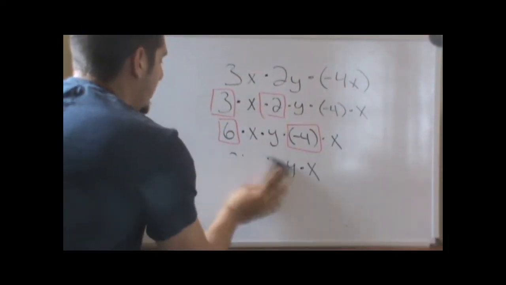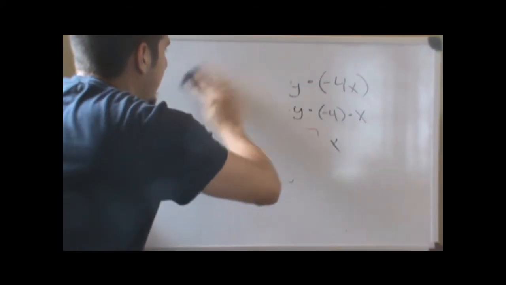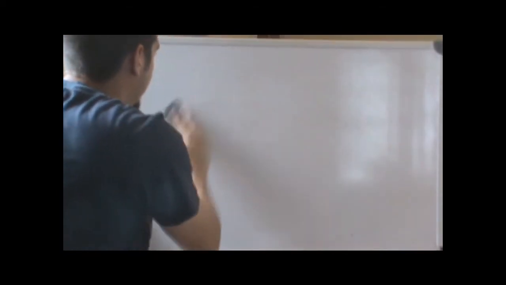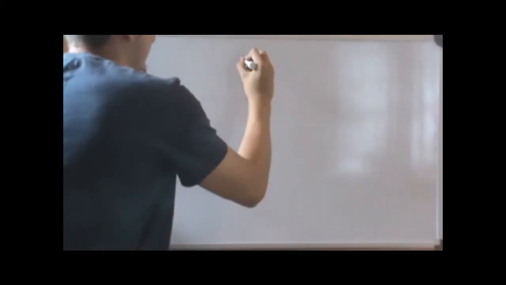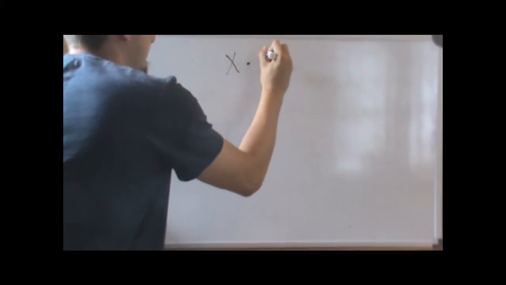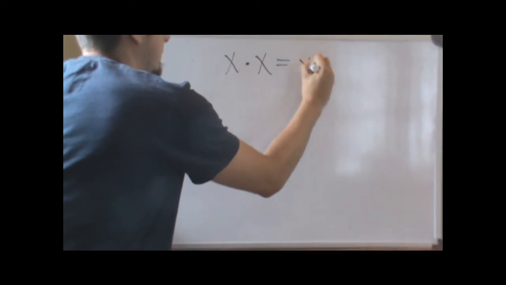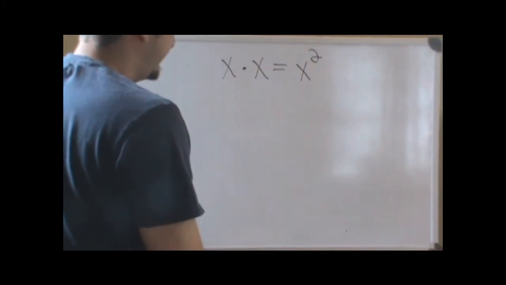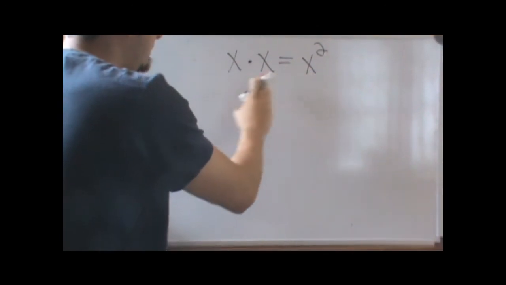And so just to show you a little bit bigger what I did there when I multiplied the two x's together, I did x times x, and I got an answer of x squared, because x squared means x times x.